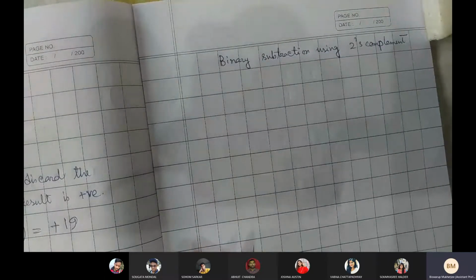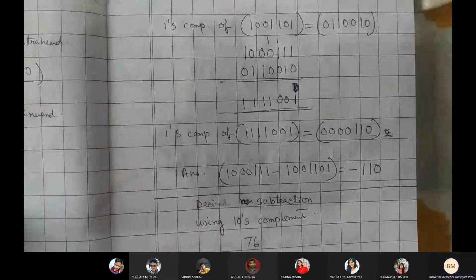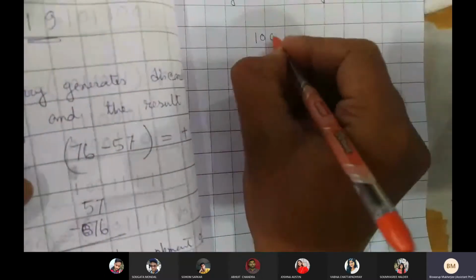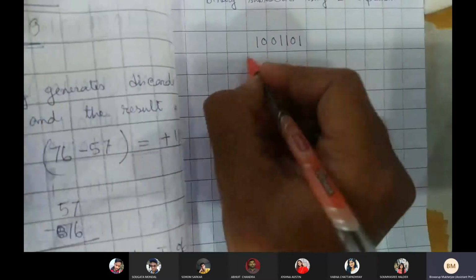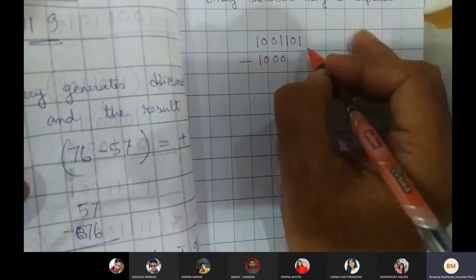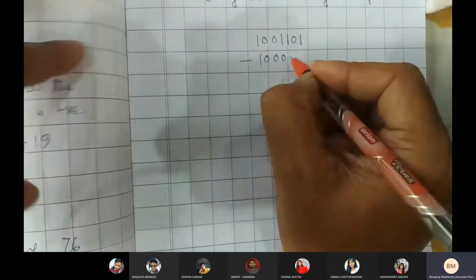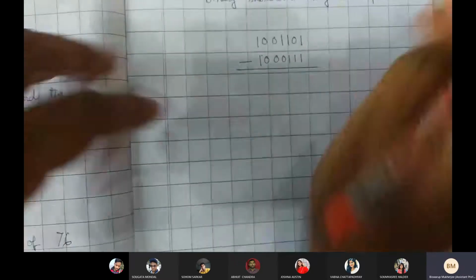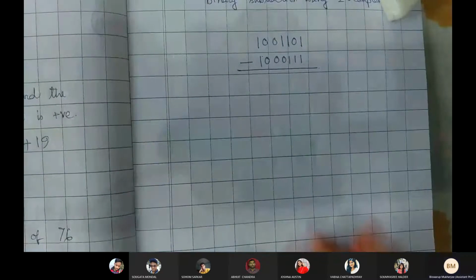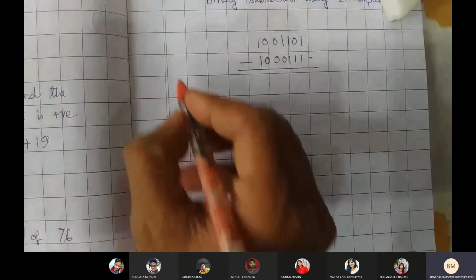Maybe I am taking the same example: 1001101 minus 1000111. Okay, so this is what we have taken. The process is the same.